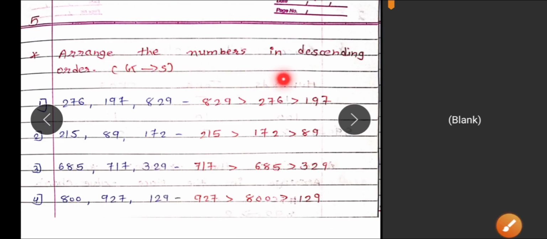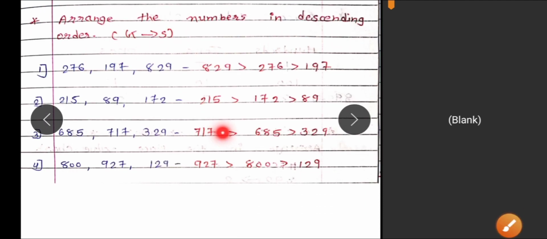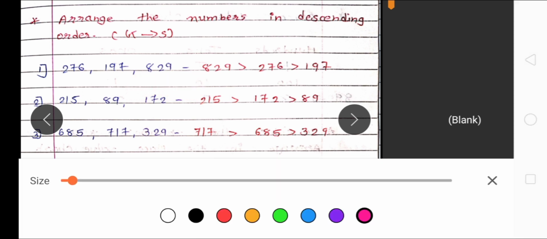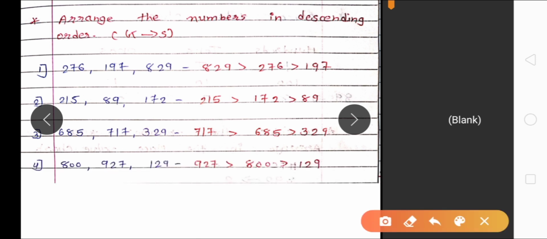Arrange the numbers in descending order, greatest to smallest. First, 276, 197, 829. Now check the first digit. Check the hundreds place in every number. In 276, 2 is in the hundreds place.